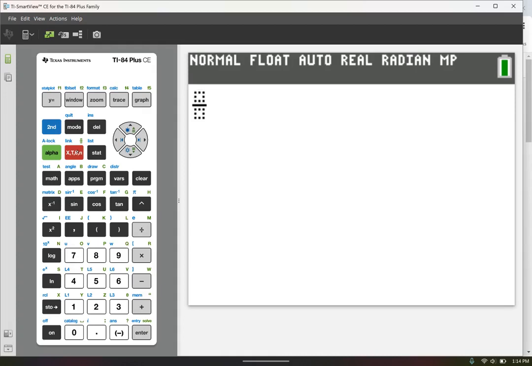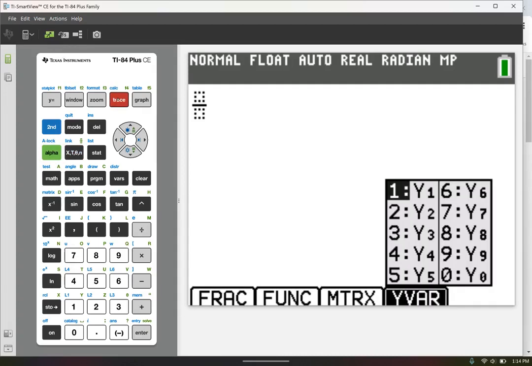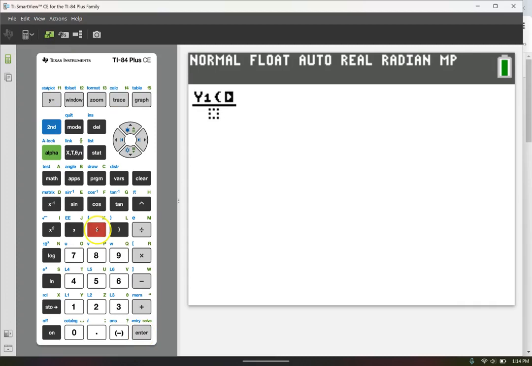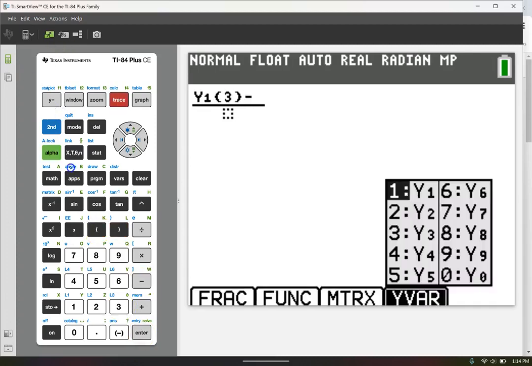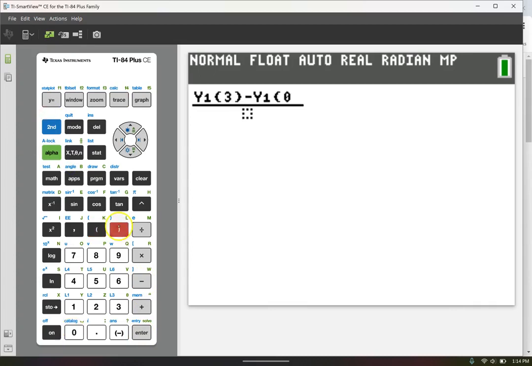Do you remember how to get y1 on the TI? Alpha trace. So I can go alpha trace y1 of 3 minus alpha trace y1 of 0 divided by 3 minus 0. I could also plug it in that way, hit enter.